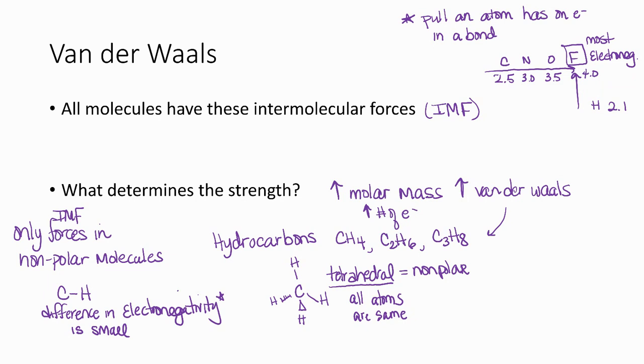Okay, other geometries that lead to this sort of nonpolar structure, do you remember from your chemistry before? You could have another hydrocarbon like C2H4. It has the trigonal planar shape. That's also nonpolar. There is no net pull of electrons in a direction there.